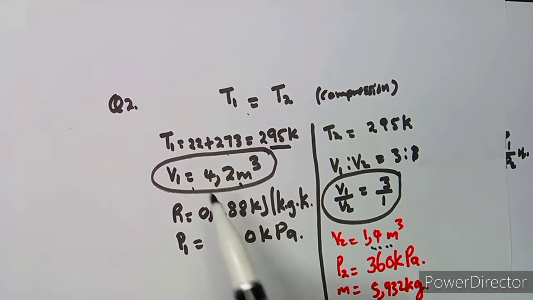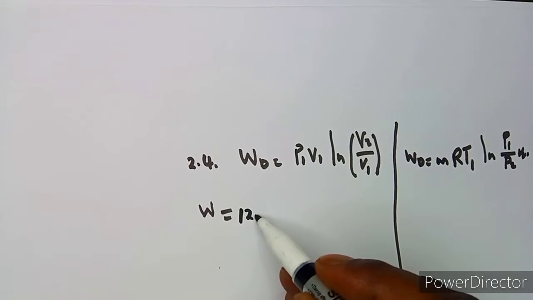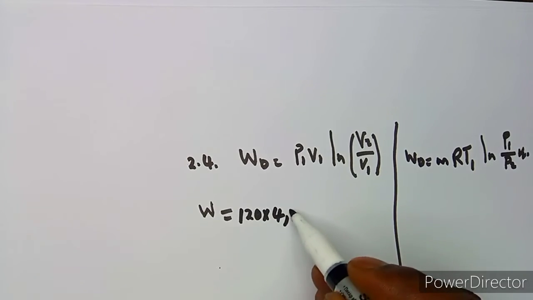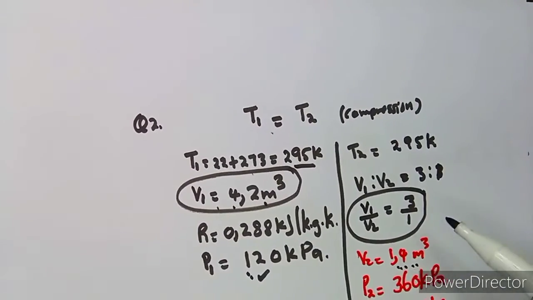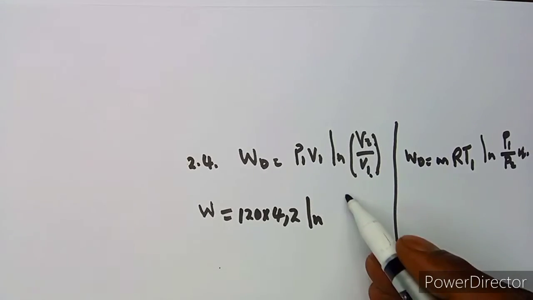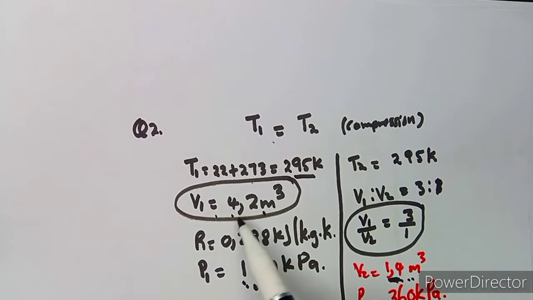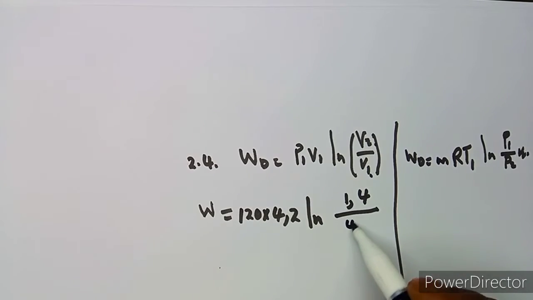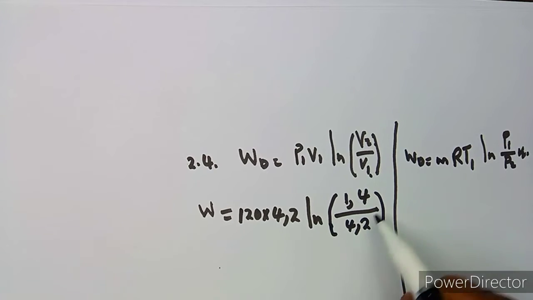P1 V1, that's 120 times 4.2, 120 times 4.2 ln V2 over V1. Remember V2, we calculated this and obtained 1.4, so it's 1.4 over V1, and our V1 is 4.2. That's where our negative is obtained from, because this is a smaller value.